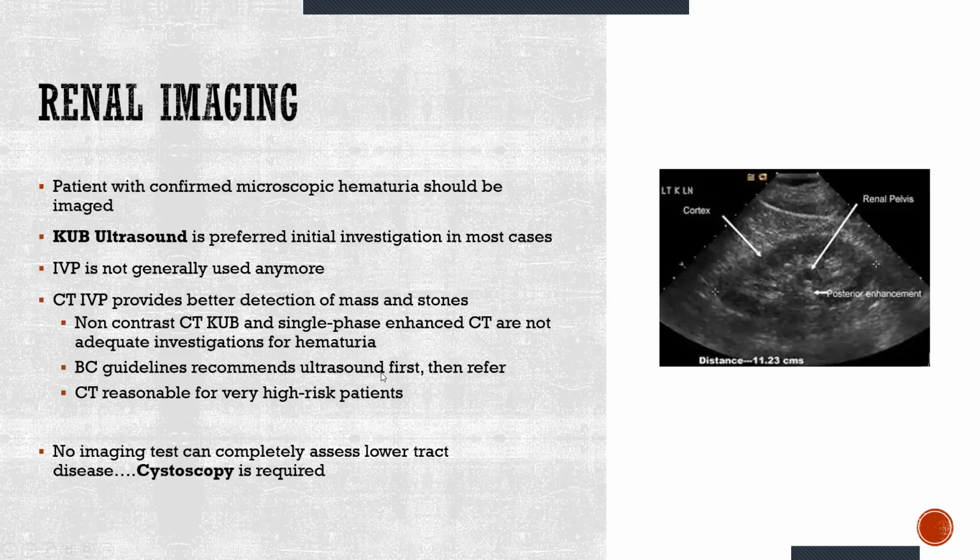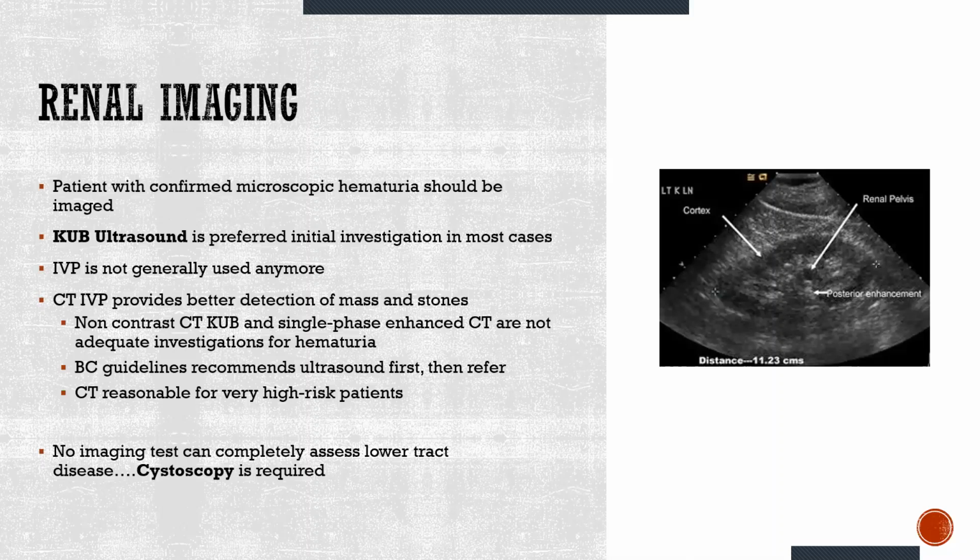So a bit more information about renal imaging. The ultrasound should reliably detect masses that are bigger than 3 centimeters, and hydronephrosis, but of course it can miss very small masses or stones. The IVP test is generally not used anymore, whereas for better delineation of masses, CT IVP is the best test, but that can often be ordered by the urologist after referral.